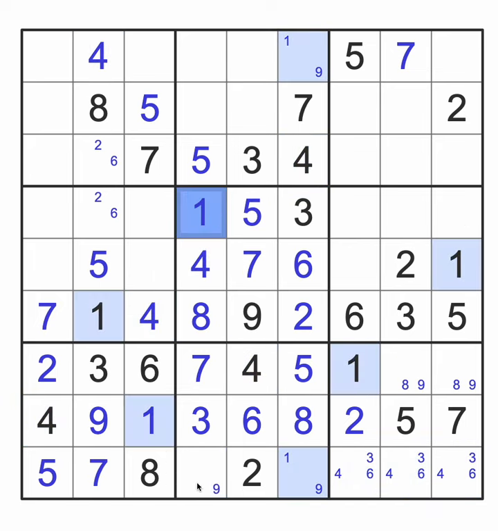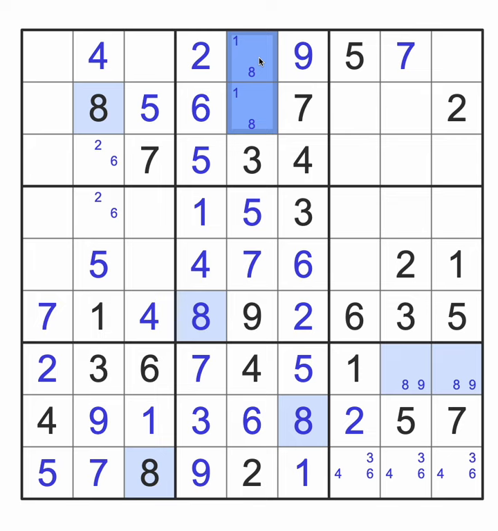This one is 1, and that makes this cell 9, and this is 1, and this is 9. Okay, 2 blocks this cell, gives me 2 and 6, and these are 1 and 8, so 8 gives me 1 and 8.